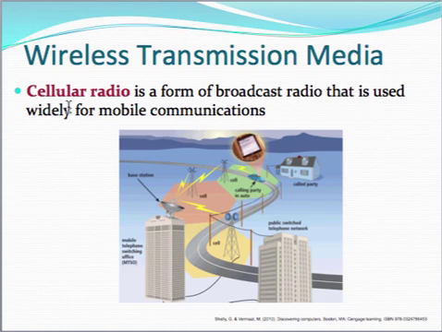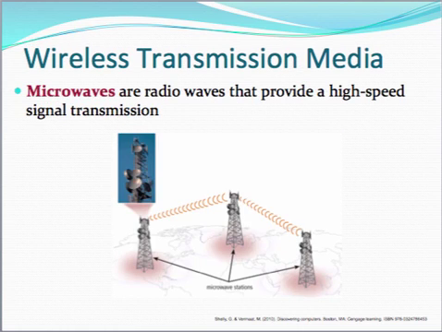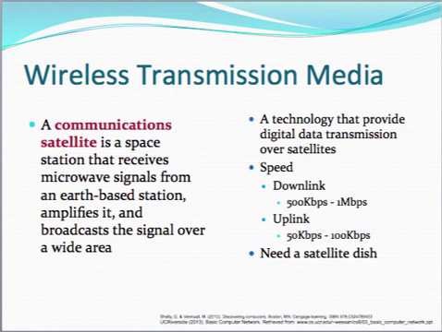Wireless transmission media. Cellular radio is a form of broadcast radio that is used widely for mobile communications, and that is what we use for our mobile phones. There is also microwave, a radio wave that provides high-speed signal transmission. And of course, there is the communication satellite.